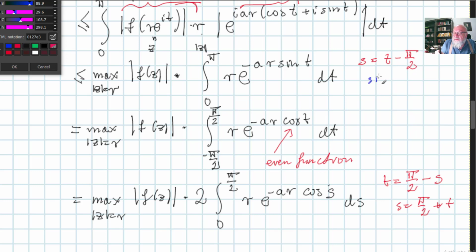And then you have here sine of t becomes sine of s times cosine of pi over 2 plus cosine of s times sine of pi over 2, so it's 1. Very good, so this one is correct. It changes to s.